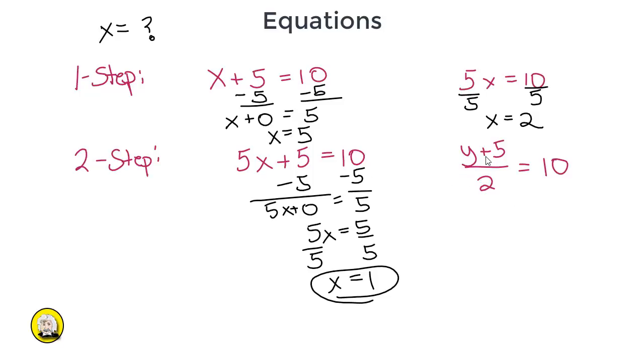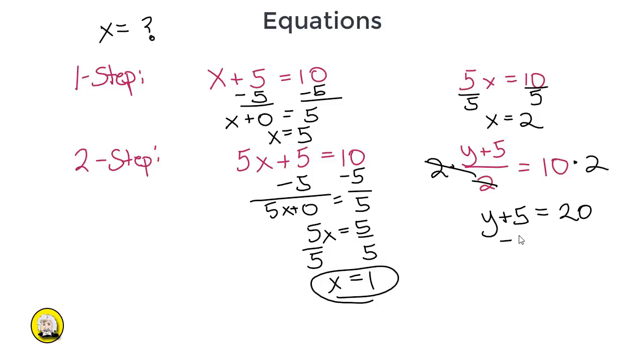Let's go over and look at y plus 5 divided by 2 equals 10, another two-step equation. Well, in this case, I'm actually going to multiply both sides of the entire equation by 2 to get rid of my fraction or my denominator. So 2 divided by 2 will cancel out to 1, and that will just leave me my numerator, y plus 5 equals 2 times 10 on the other side of the equation, or 20.